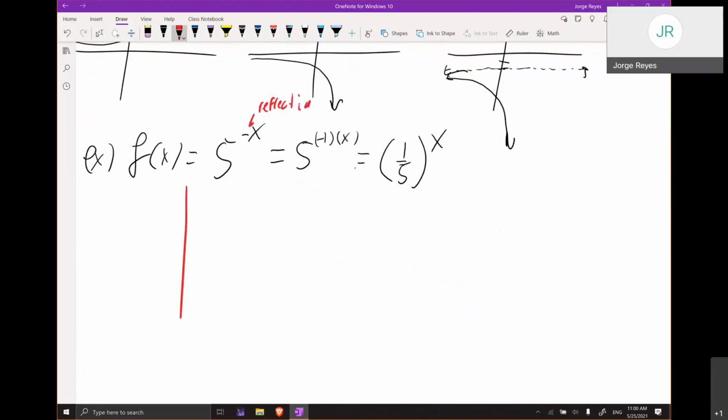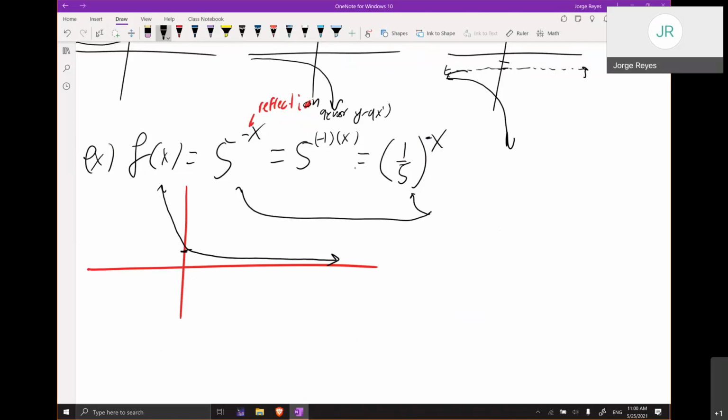So this will look like that. Even though this doesn't have a minus sign here, it secretly does because it's 5 to the negative x. So if you see fractions in the exponential, remember to either check the end behavior, or know that it's a reflection across the y-axis.